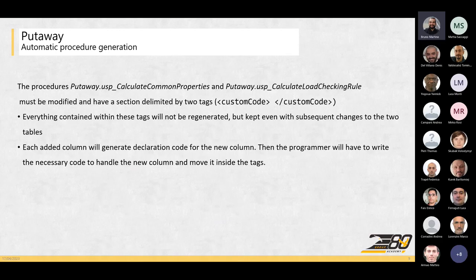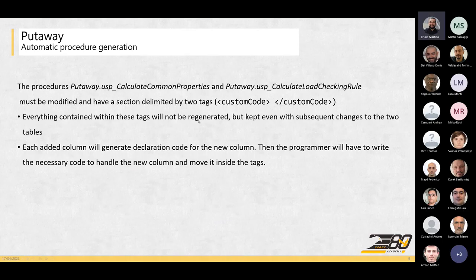So in these two procedures, each update column will generate a declaration for this new column. Then the programmer will have to write the necessary code to handle the new column and move it inside the tags.